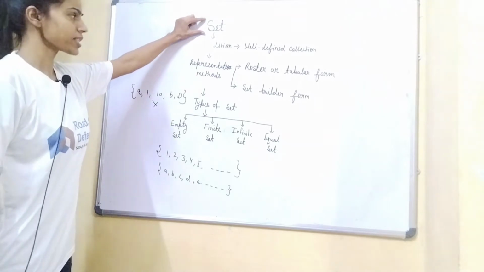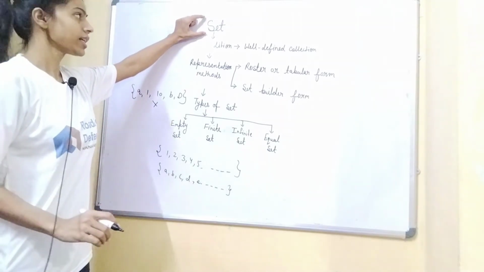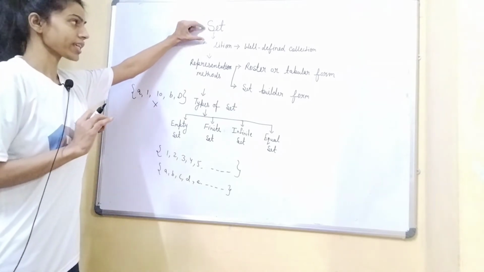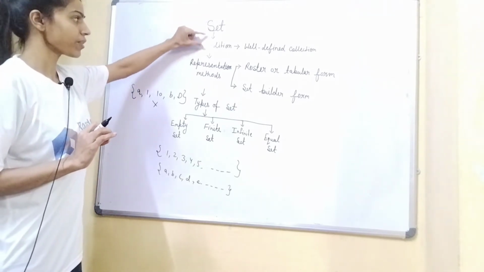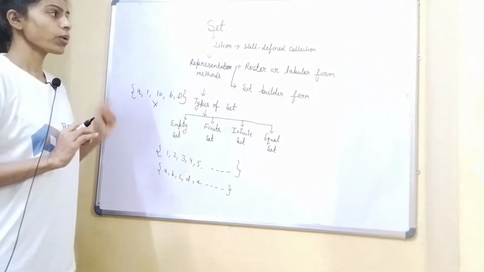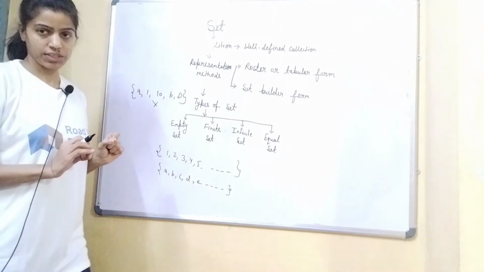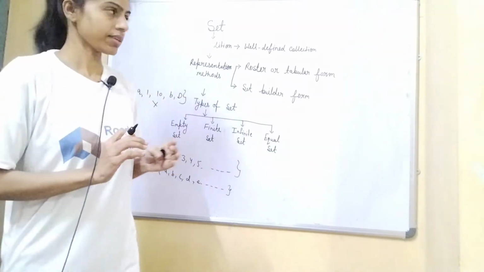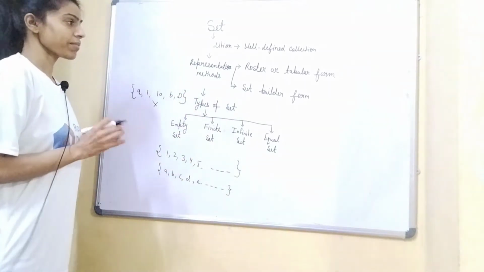So students, the first thing is that not all collections are sets, only a well-defined collection of objects is said to be a set, right? Well-defined collection means what?